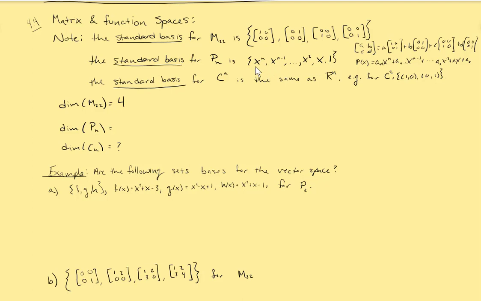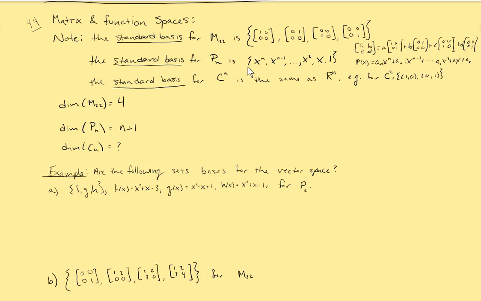So if we're actually counting up how many items are in here, the 0th one is 1, the first power is 2, the second power is 3. However many powers we're at, we actually have that plus 1. The 0th is the first, the first power is the second, the second power is the third, all the way up to the nth power, which is really the n plus 1 term. So this tells us the dimension of Pn is n plus 1.